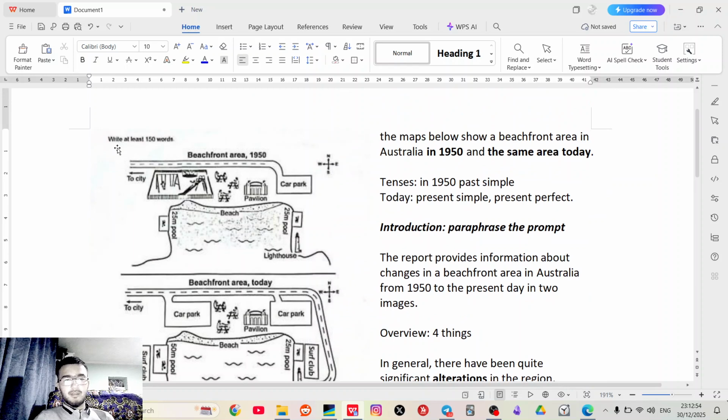So the northwestern area is here, and the opposite side of it would be here.